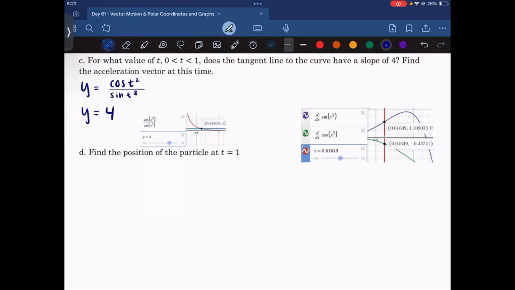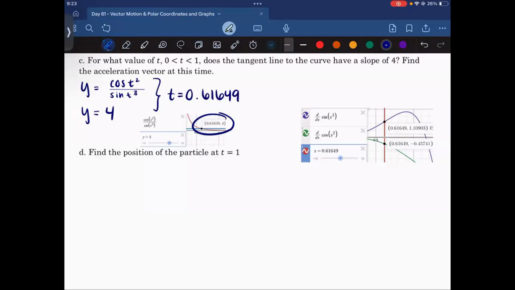When I plug that into Desmos or a calculator, it does not matter if you use a TI calculator, whatever calculator you have, you should get the same answer. Desmos is just a little bit easier to show on the iPad. And that will be 0.61649.